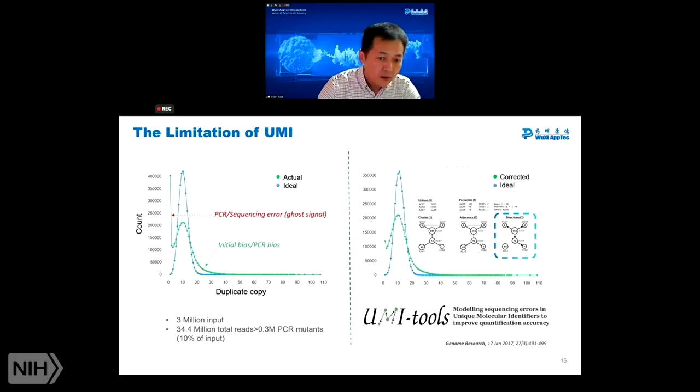But the UMI is not everything, and UMI has its own limitations because the PCR and sequencer can introduce mutants. Showing here is one of the examples. In this case, we gave the PCR 3 million of input, and after PCR, from the sequencer, we read 34 million total reads.